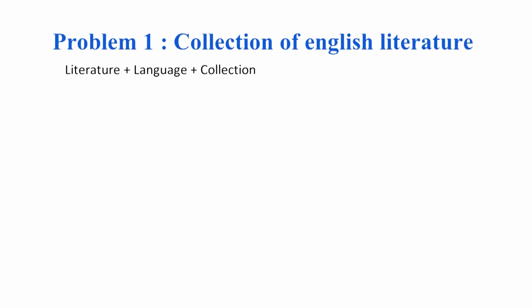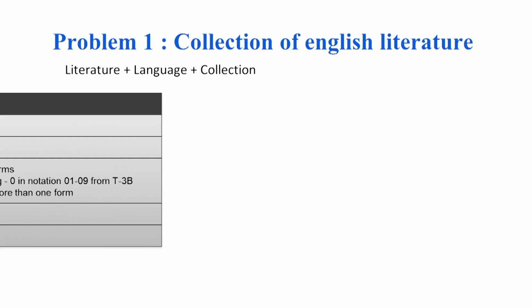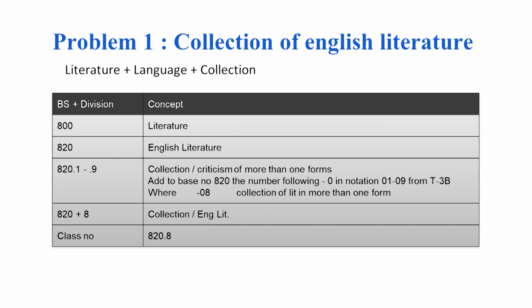Now we will analyze. First we will divide the subject accordingly. The concepts appear there. So basic class is 800, it is literature. Then 820, English literature. After that you will see 820.1-.9 means collection or criticism of more than one form.